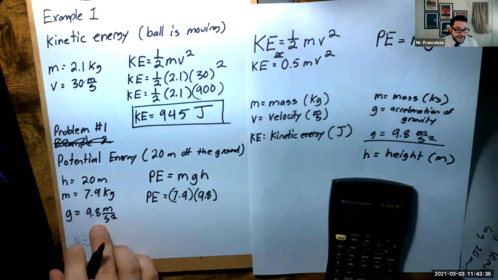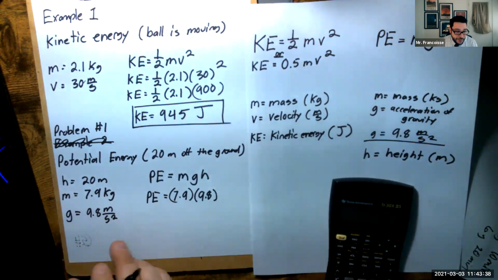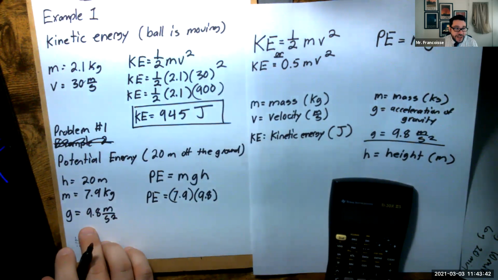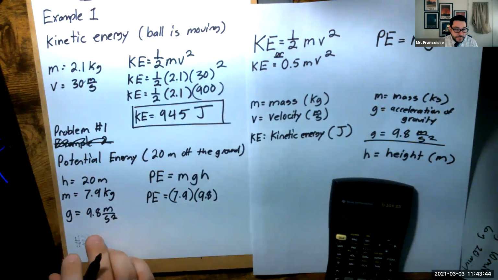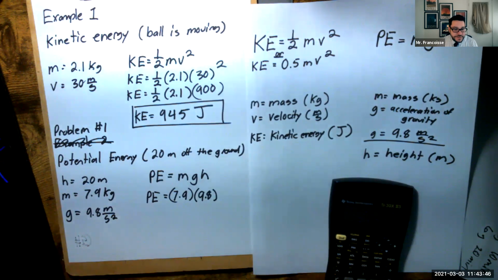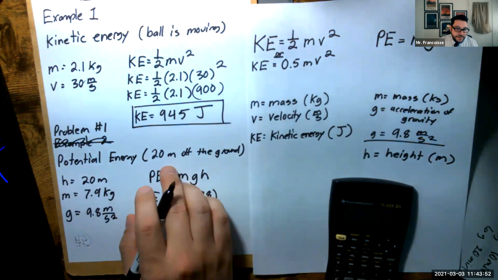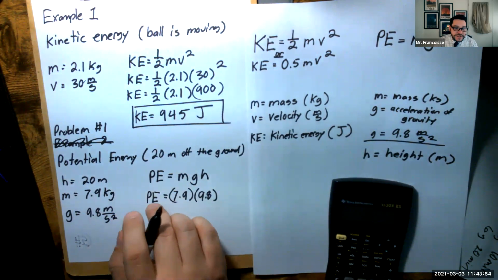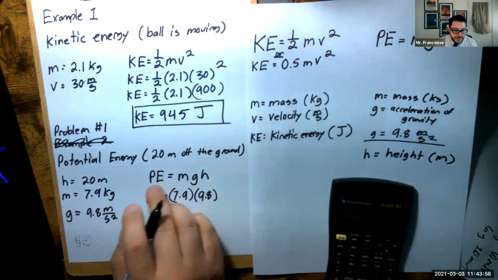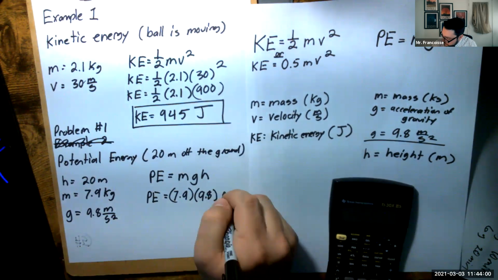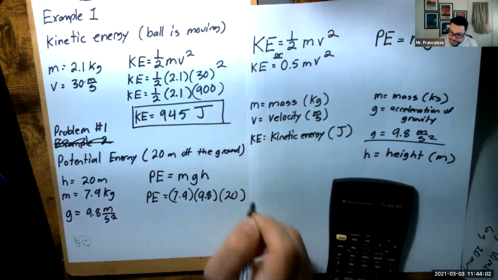On a different planet, it's going to have different accelerations of gravity. So say on the moon, stuff's going to have a lot less potential energy because it's going to get pulled down a lot slower. So if I have this brick sitting 20 meters off the ground on the moon, it's going to have a lot less energy. Yeah, awesome.